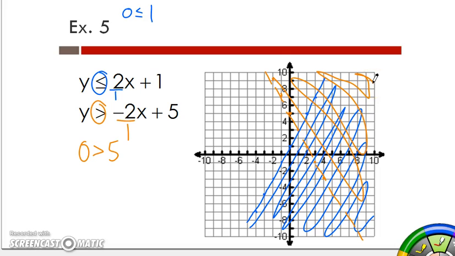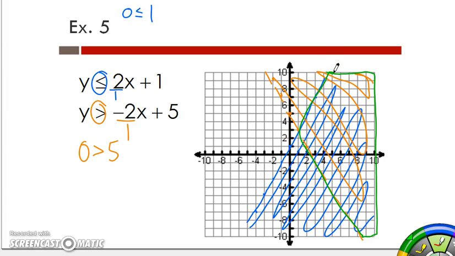And now my solution set is the area where my shading overlaps. And I'm going to outline it in green here, and all of this area right here.